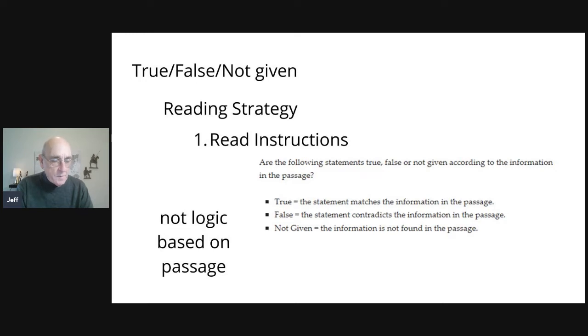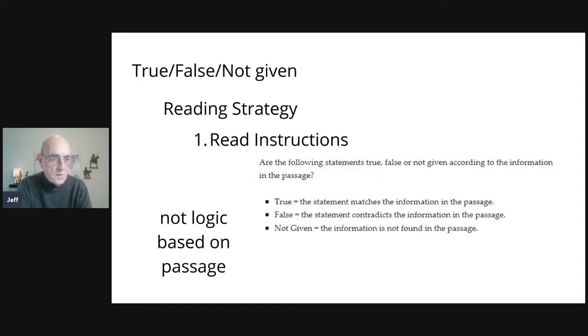And I can tell you from experience, talking to lots of test takers and seeing how they do on the test, even though it seems like a simple thing, do not overlook the importance of reading the instructions and taking the time to underline them and mark them and make sure that you've read them. You don't want to get halfway through a set of questions and then be distracted by wondering if you're doing it the correct way.